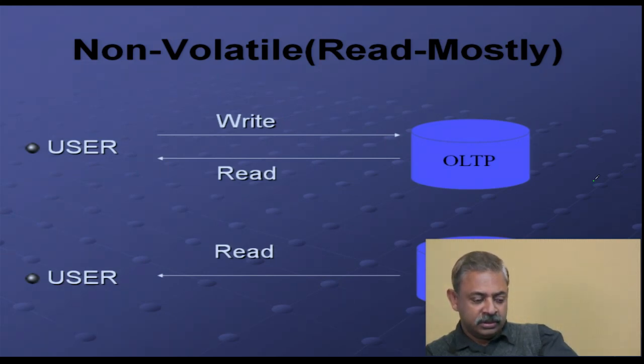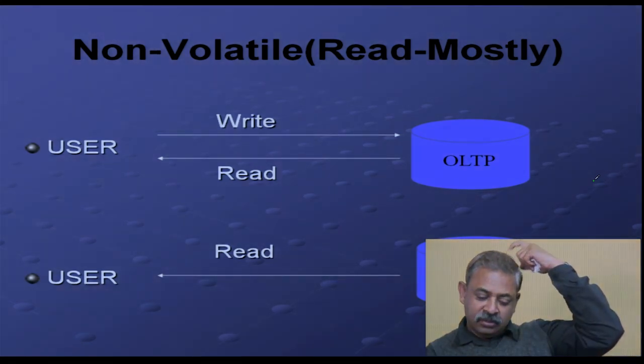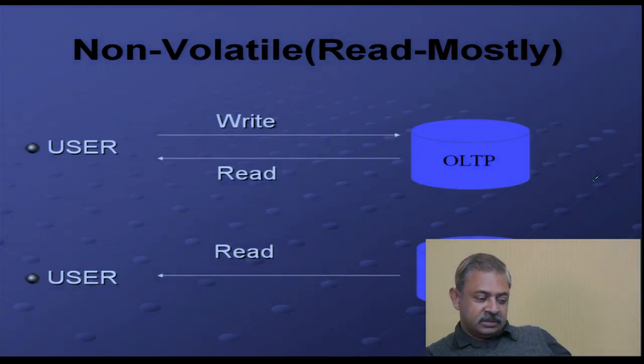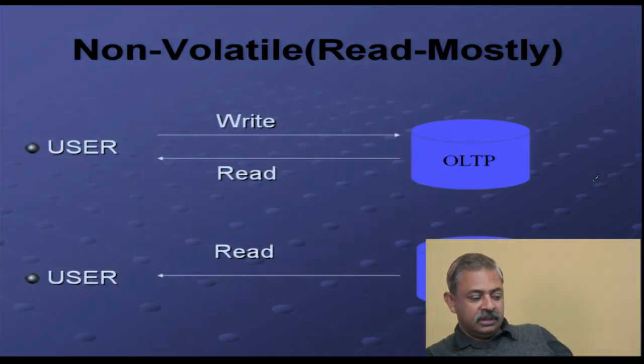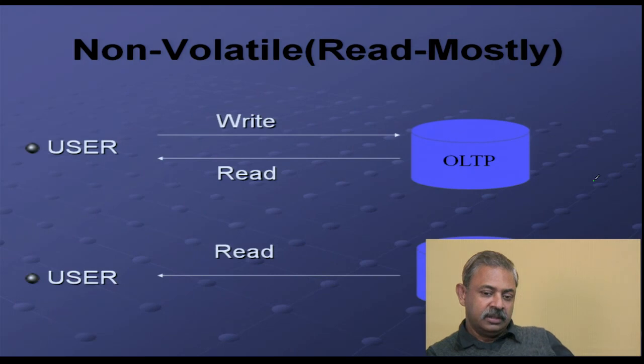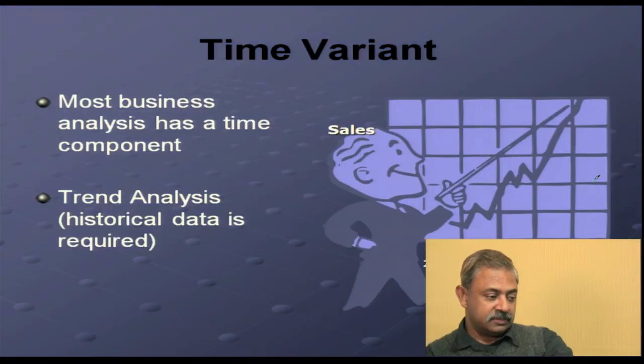Both are allowed. So this is the non-volatile nature. Once I say that the data is non-volatile, then there are no updates, and if there are no updates, then possibly I don't need any kind of normalization. That's why I mentioned that the structures in the data warehouse environment are denormalized structures.